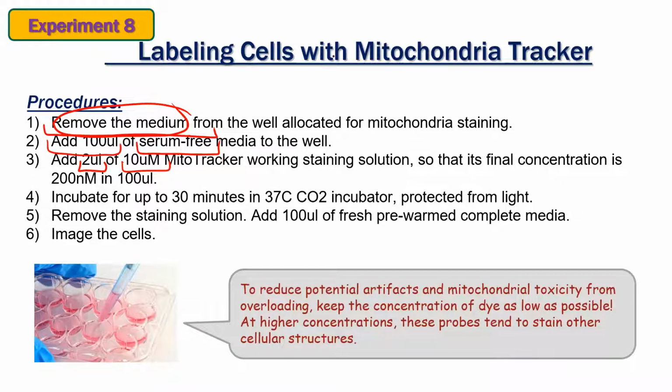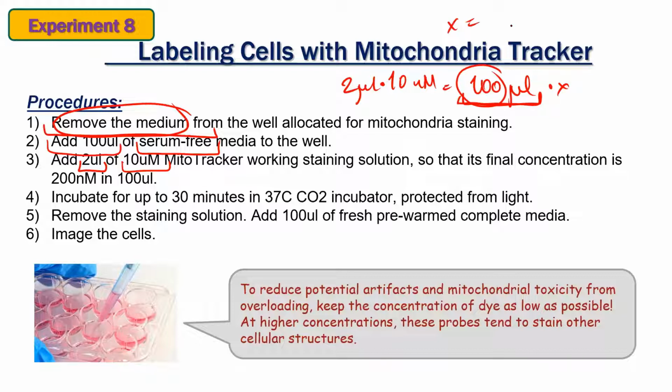So you have 2 microliters of your staining solution, which is 10 micromolar, and you obtain 100. Well, it's 102, but because it's not a precise calculation, we could just round it to 100 microliters.